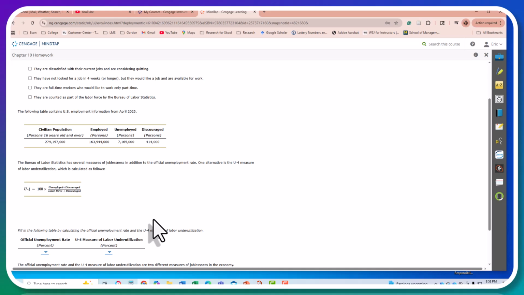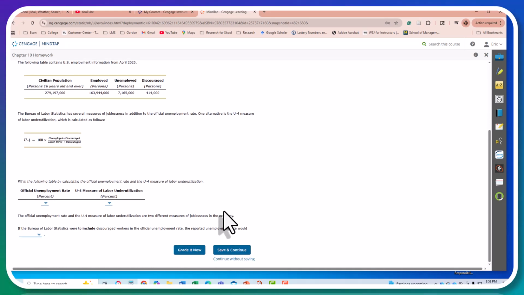The reason why there's a little bit of a difference is the divisions between the 6 categories will and will not have certain things, such as discouraged workers. So the official unemployment rate is actually U3.